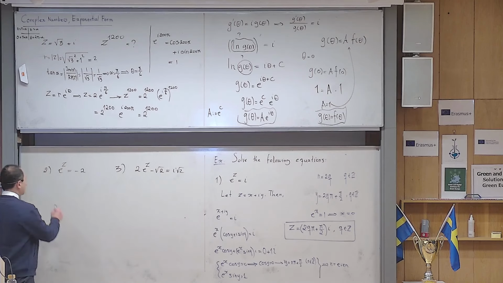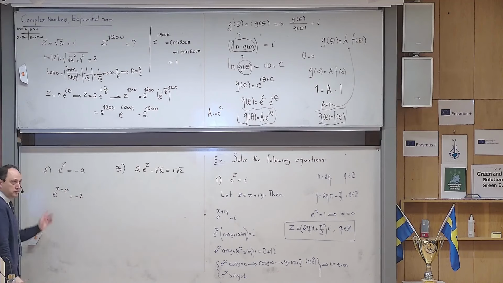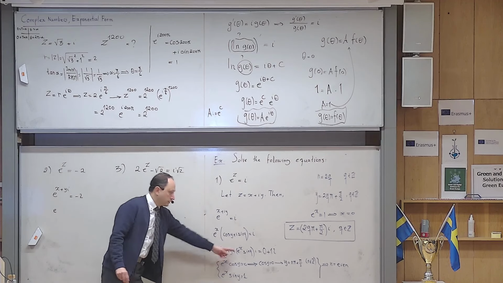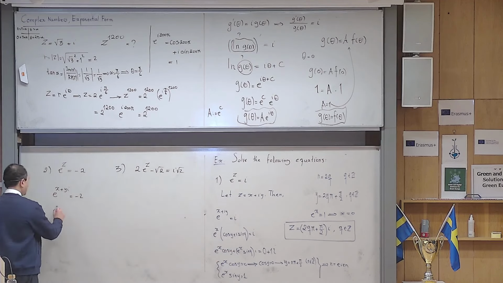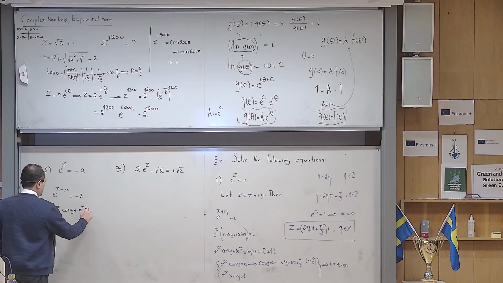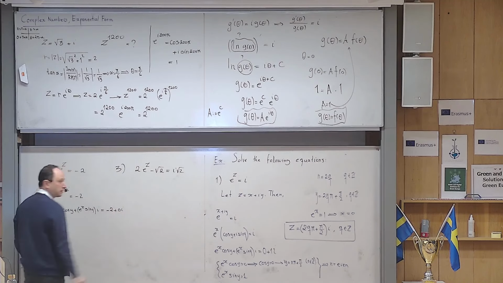I will get e to the power of x plus iy equals minus 2. And this is always the same, so if you don't mind, let me skip this. I write the multiplied version. So it becomes e to the power of x cosine y plus e to the power of x sine y times i is supposed to be minus 2, but minus 2 can be interpreted as minus 2 plus 0.